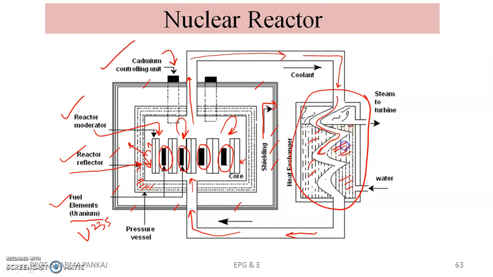The water in the surrounding of this tube is gaining heat and becoming steam, and the steam is channelized to your turbine and generator. After the generator we have power, R, Y, B, going to the transmission line.